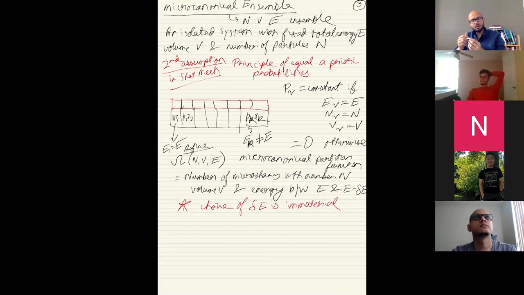You can imagine a 2D sphere, which is a circle, and you know how much is the circumference, you know how much is the area. Now you go to a 3D sphere, you know how much is the surface area, you know how much is the volume. You can do it for higher dimensional spheres. As you go to higher dimensional spheres, you will find that most of the volume is actually not inside the sphere, it's right on the surface. And we will use this fact next time to show that this precise choice of delta E just doesn't matter for a microcanonical ensemble. If it did, then we would have been in a bit more trouble. We will do that next time.